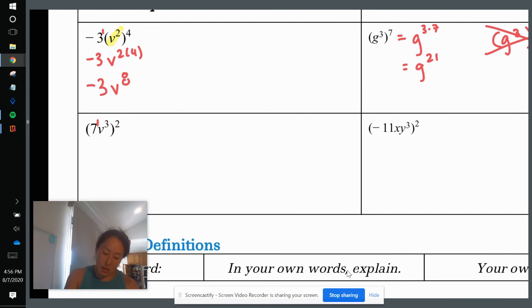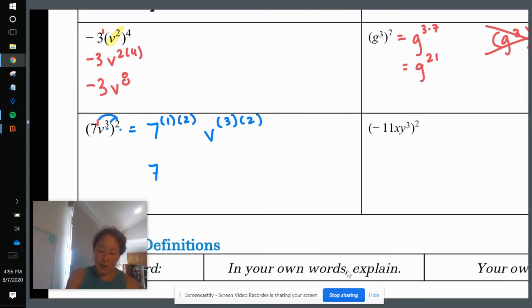Okay, so we're going to distribute this exponent to both of the bases. So I get 7 times 1 times 2, the original exponent times the outside exponent, times v to the 3, the inside exponent, times the outside exponent.